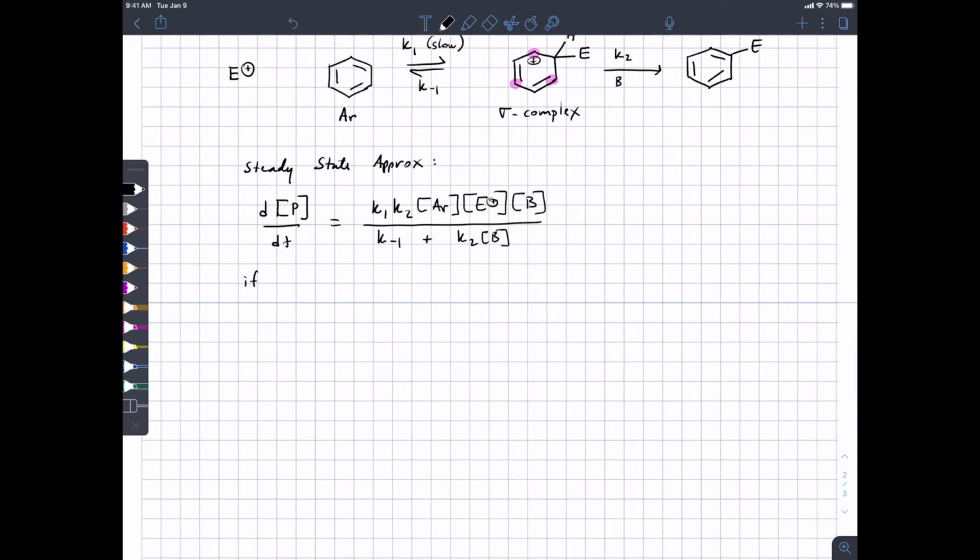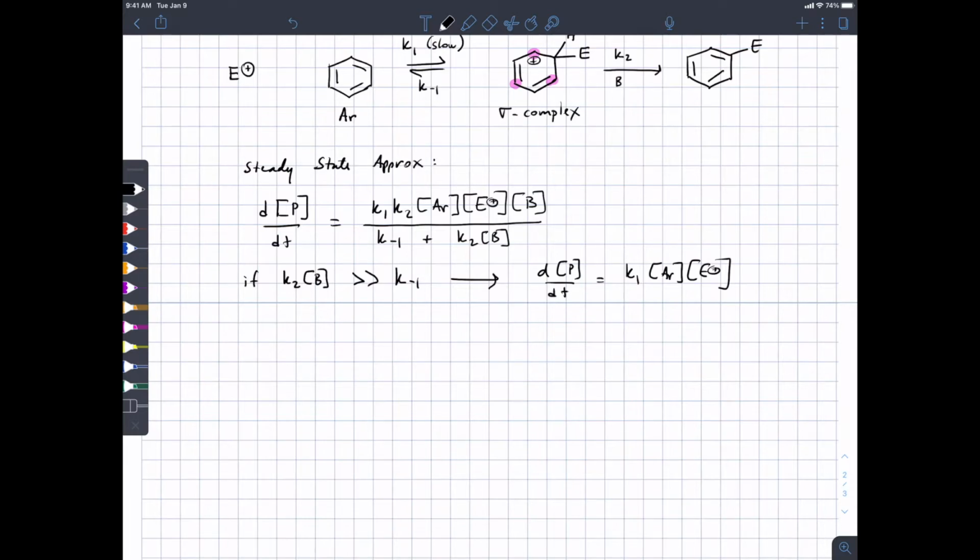Now, if that second step is a lot faster than the backwards reaction, then the rate law simplifies, and you end up with k1 times the arene times the electrophile as the rate law, which looks like a simple second order reaction and sort of conceals the presence of that intermediate.